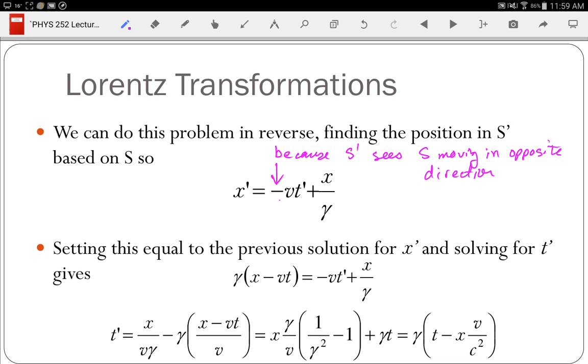And then plus X over gamma. Why do I have a length contraction equation again? Because I'm now looking at a length as measured in another reference frame, that in that reference frame, any points are stationary, I have to contract it to get it to mine.